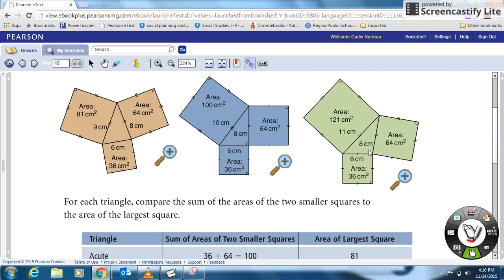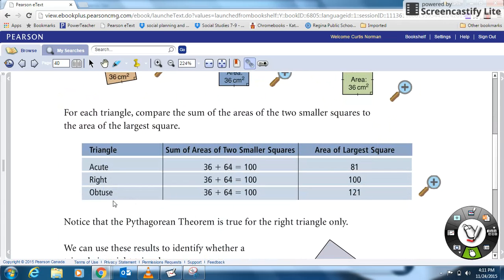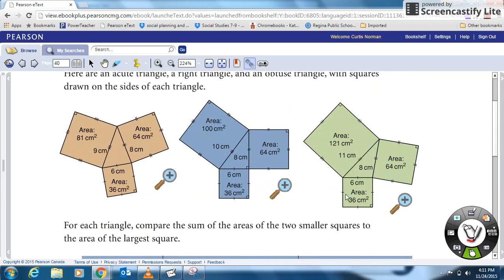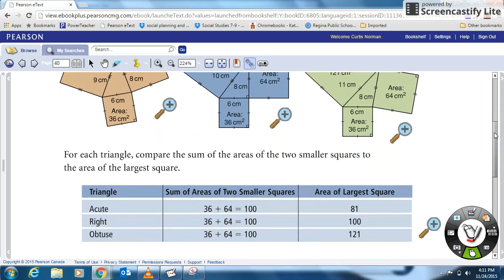You can see this angle right here where my cursor is goes past 90 degrees, maybe around 100 degrees. So when one angle in your triangle is greater than 90 degrees, we call it obtuse. The easy way to tell is when the area of the square off the longest side is greater than the sum of the two shorter squares, in this case 100, we know it's obtuse. All right.